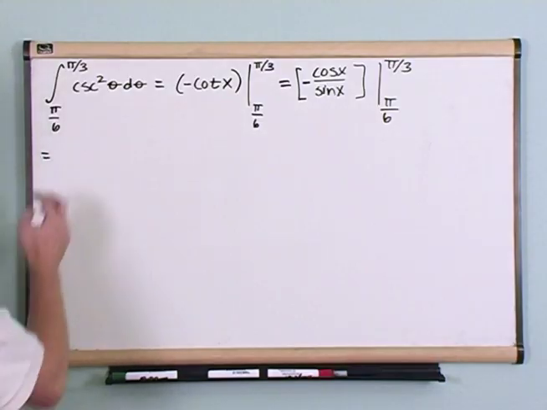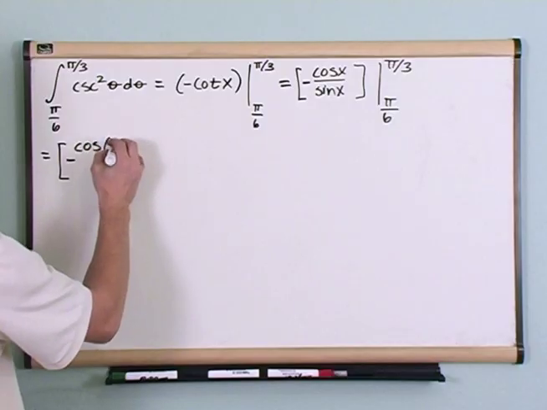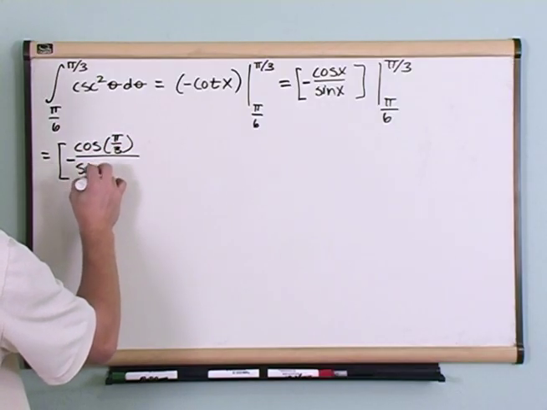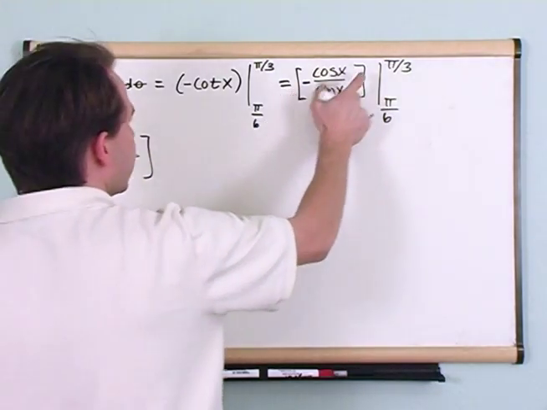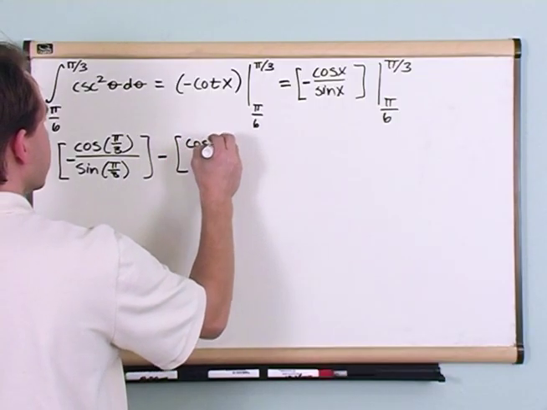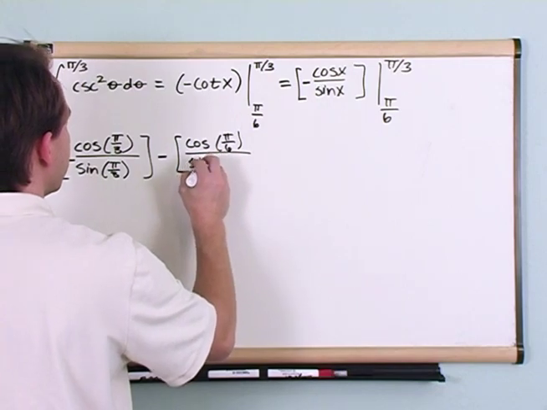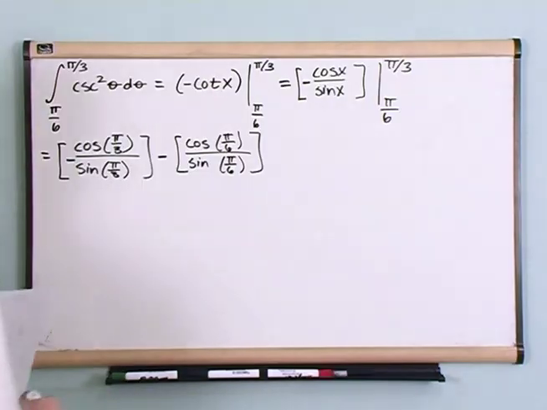Okay, let's press. So you're going to have negative cosine of pi over 3 divided by sine of pi over 3. That's just evaluating this quantity at the upper limit minus cosine of pi over 6 divided by sine of pi over 6, and that's evaluated at the lower limit.